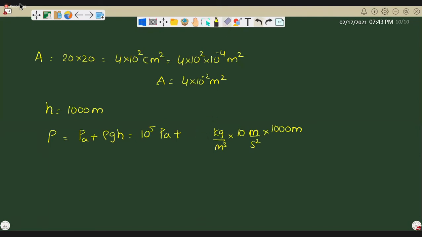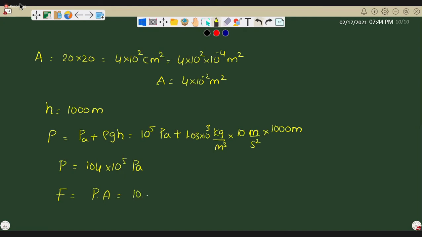Okay, I've given you a different value: 1.03 into 10 power 3. So your pressure at that depth will be 104 into 10 power 5 pascals. Pascal is newton per meter square. He's asking force, and we need it in newtons. Force is equal to pressure into area.